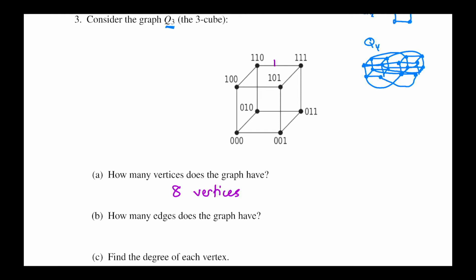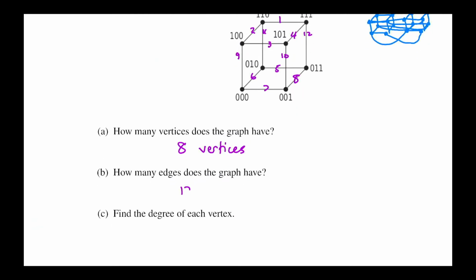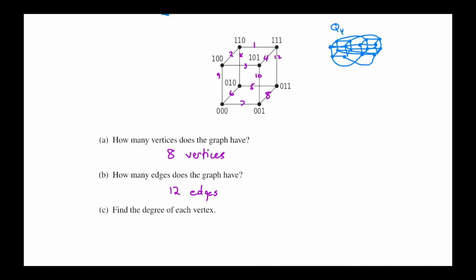We got 1, 2, 3, 4 on the top there. 5, 6, 7, 8 on the bottom. And then the vertical edges, we got 9, 10, 11, 12. 12 edges. So you just count them. It's really easy to count and be off by one or something, unfortunately, if the graphs are complicated.